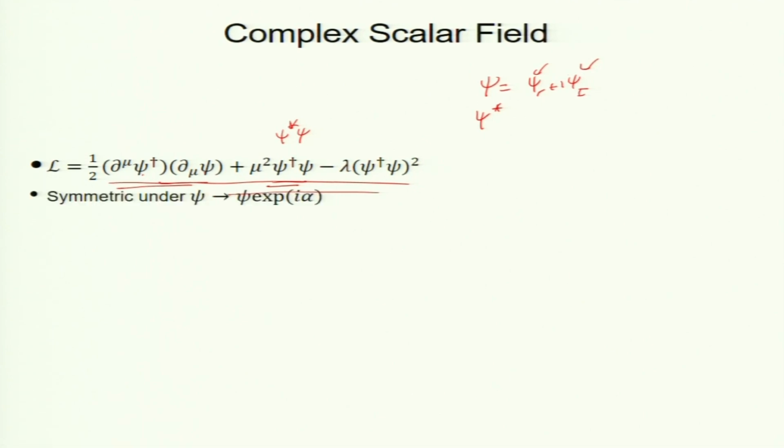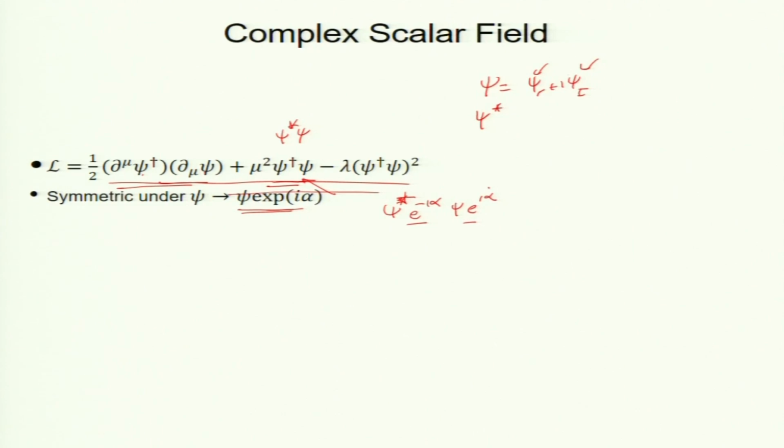Now, what is the solution for this object? First, this Lagrangian is symmetric under the transformation psi goes to psi times e to the power i alpha. Look at this term: you will get psi e to the power i alpha, and psi dagger becomes psi dagger e to the power minus i alpha, so they will cancel.